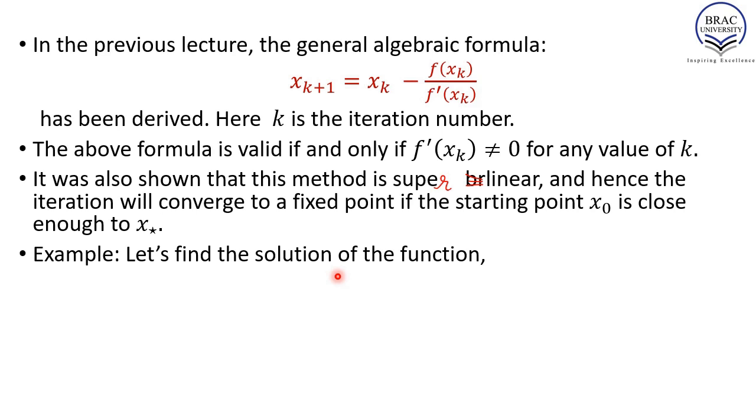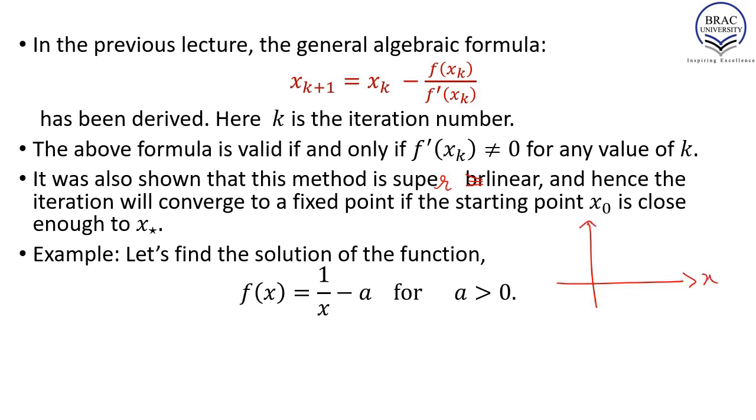So let's find the solution of the function f of x equal to 1 over x minus a, where a is some positive number. Note that this function is actually shifted from the inverse function, y equal to 1 over x.